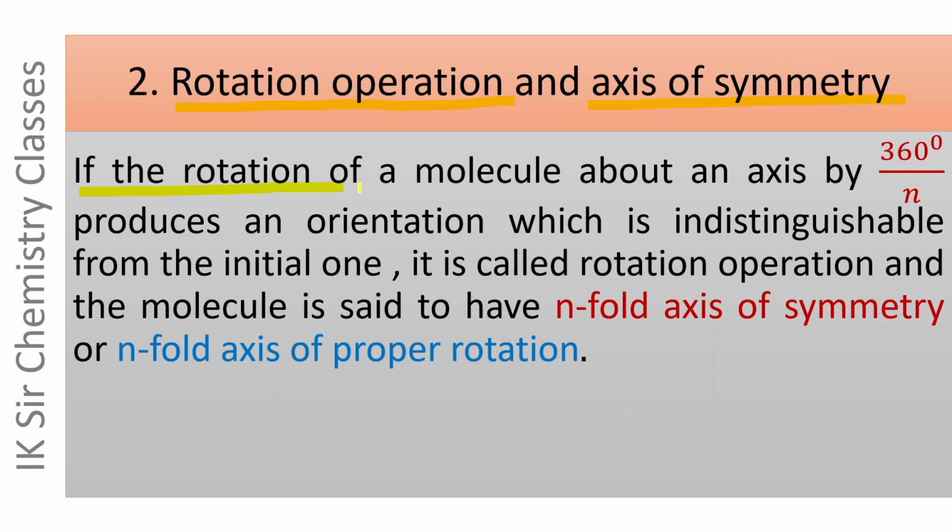If the rotation of a molecule about an axis by 360 degrees by n produces an orientation which is indistinguishable from the initial one, it is called rotation operation, and the molecule is said to have n-fold axis of symmetry or n-fold axis of proper rotation.